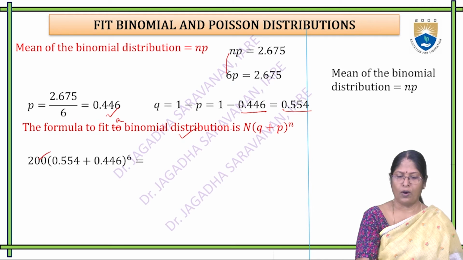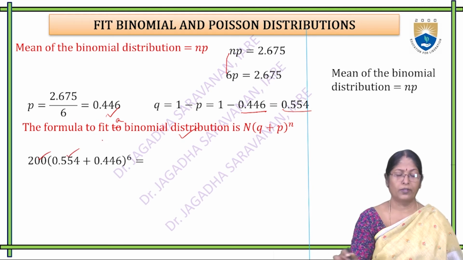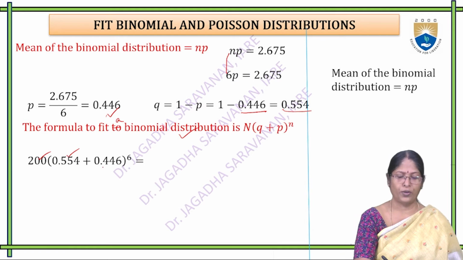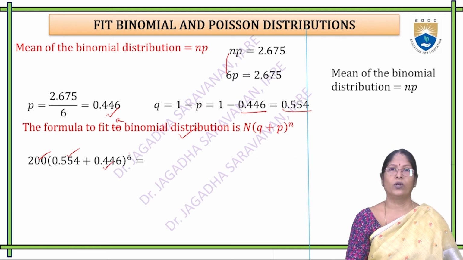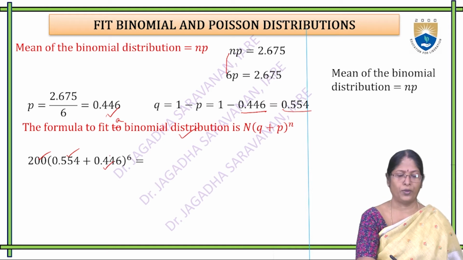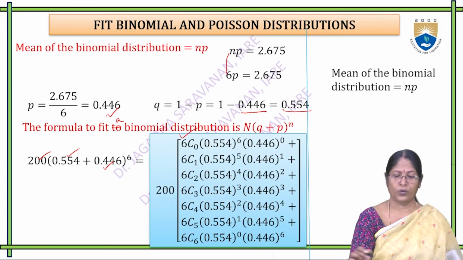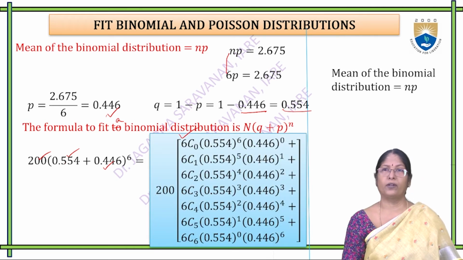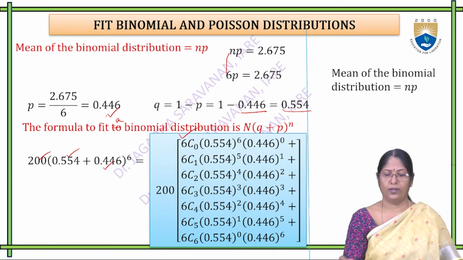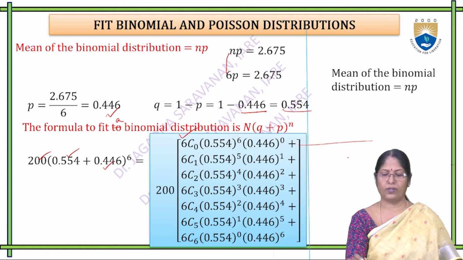So the formula to fit a binomial distribution is N times (Q plus P) the whole power n. Our capital N is 200. Sorry, P is 0.446 and Q is 0.554. So we substituted and expanded the binomial expansion. We can write it horizontally, but for presentation and adjustment purposes, it is kept one by one.